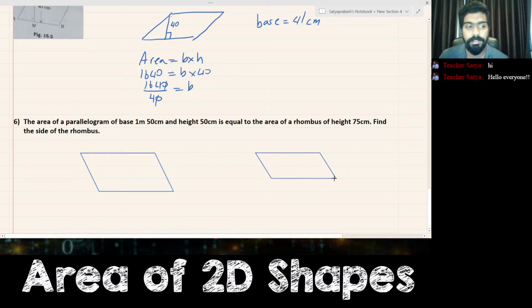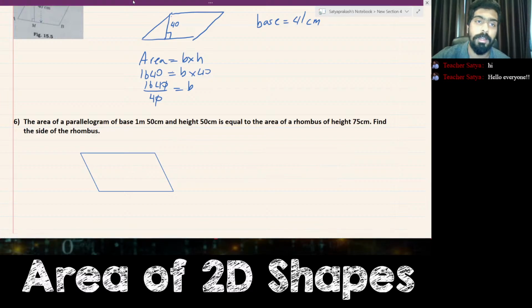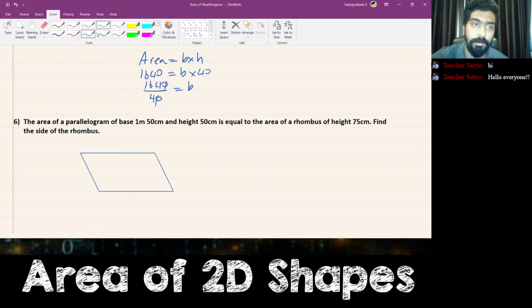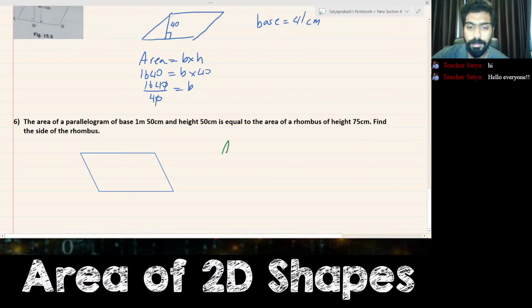So we know these two areas are equal. So we know the area of a parallelogram is equal to the area of a rhombus. So let me write that down.